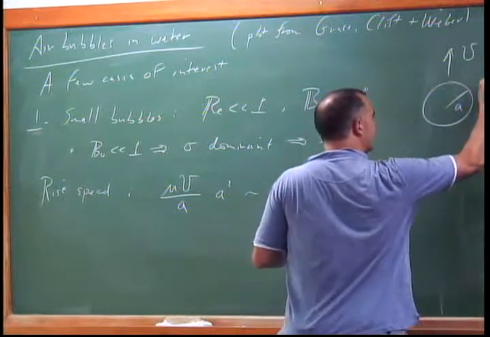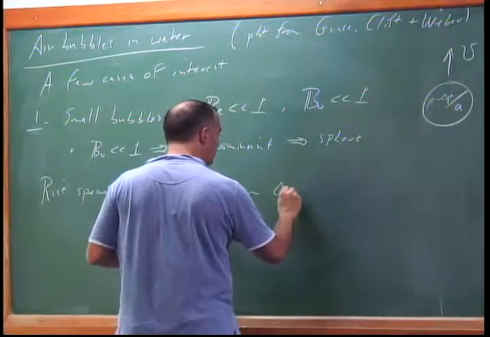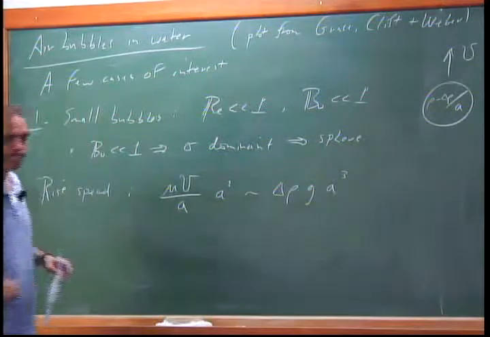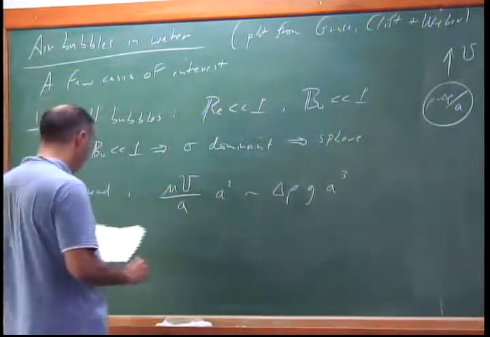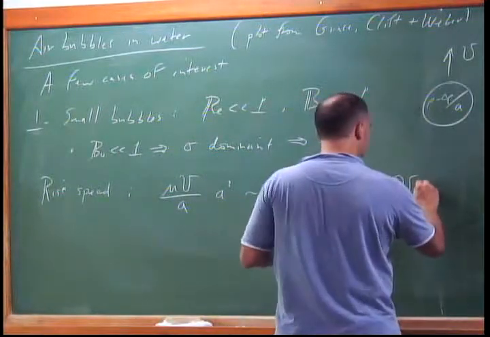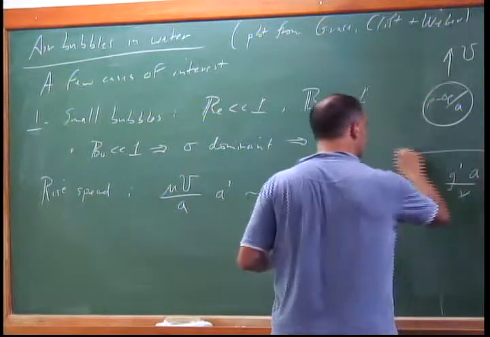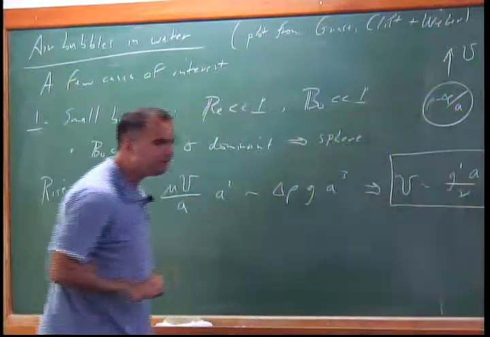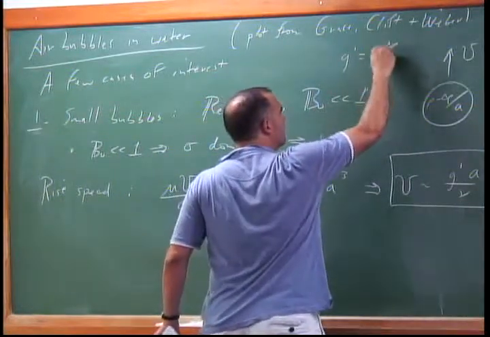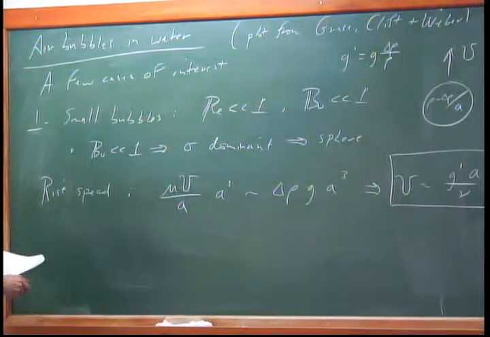We call this rho, and this is rho minus delta rho, so this is going to be delta rho G A cubed. That tells us that U goes as G primed A squared over nu, where G primed is the reduced gravity.